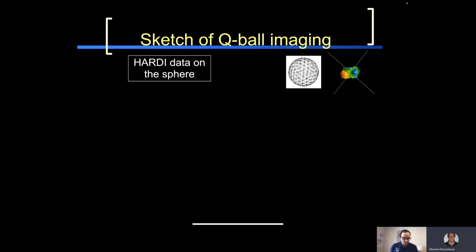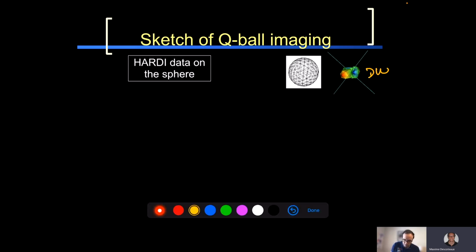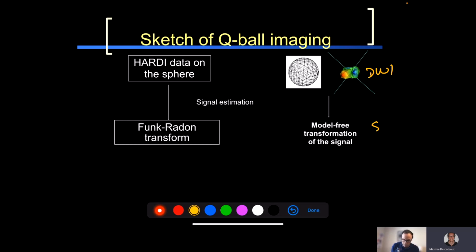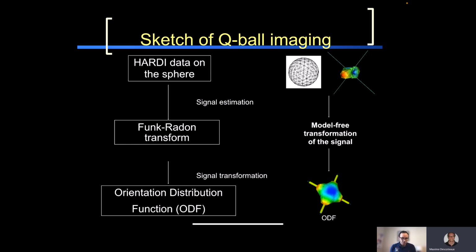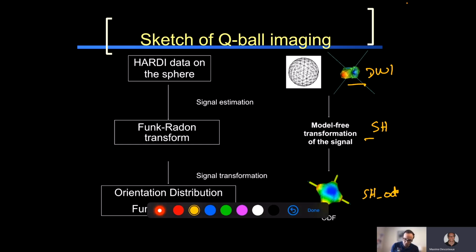So what usually we do is to take our diffusion signal, get the spherical harmonics coefficients, and compute the integral or the Funk-Radon transform analytically to just get spherical harmonics coefficients of the ODF. So it's a three-step process. We load the signal on the sphere, we project onto the spherical harmonics, and then we transform the harmonics with an equation.